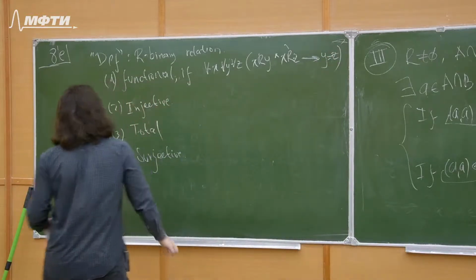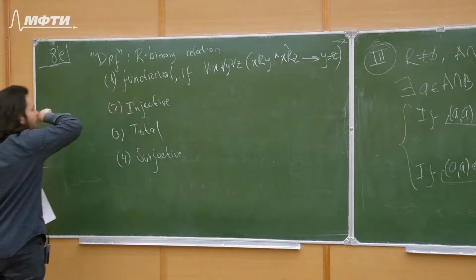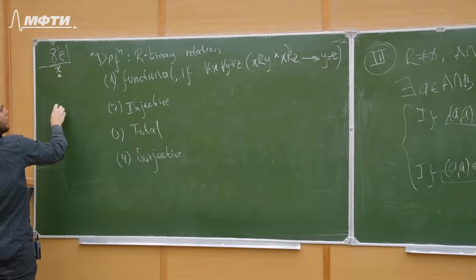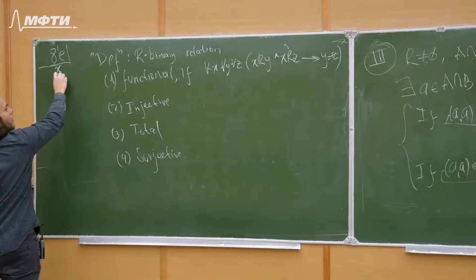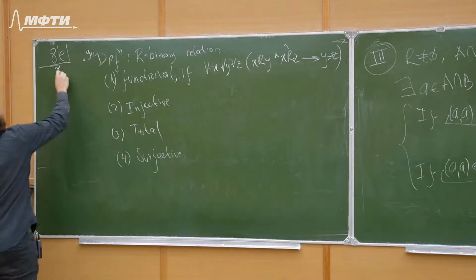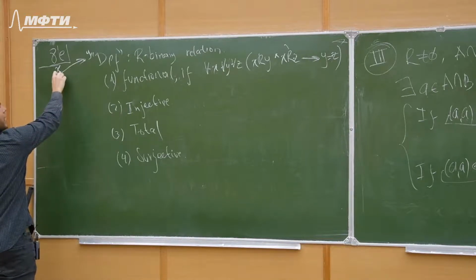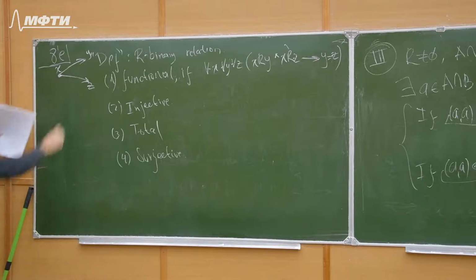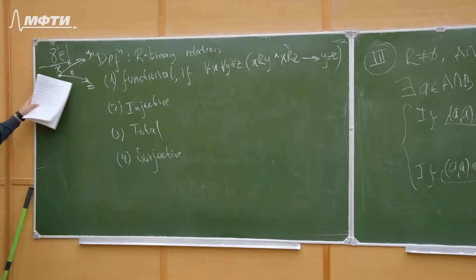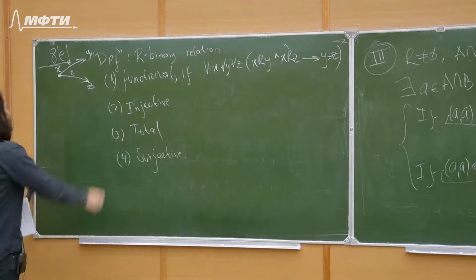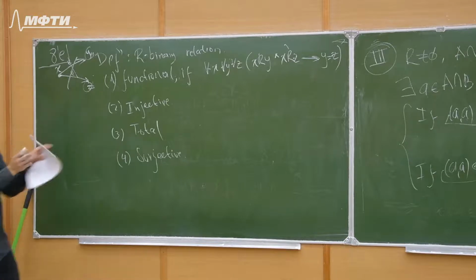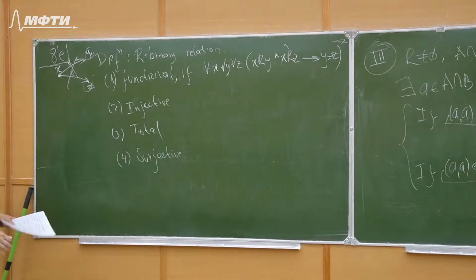So look, for this case, if we have x R y and x R z, and R is functional, then y and z should be equal. So this is not possible, right? And this is called functional.